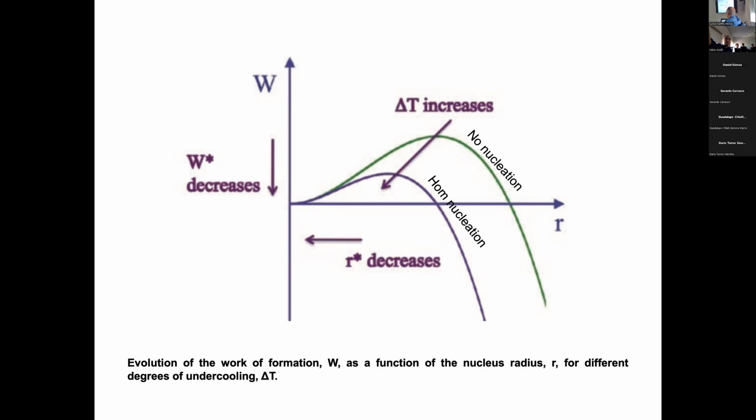It means that the energy I need to stabilize the nuclei has to be smaller. So if I'm closer to the liquidus, I'll need more energy to stabilize the nucleus. Instead, if I'm far away from the liquidus, it's easier from an energetic point of view to stabilize the nucleus, and to destabilize it.